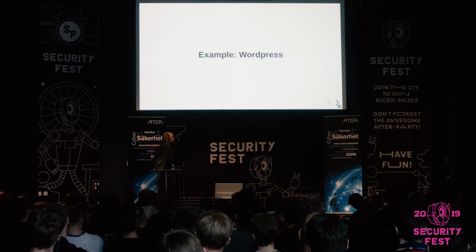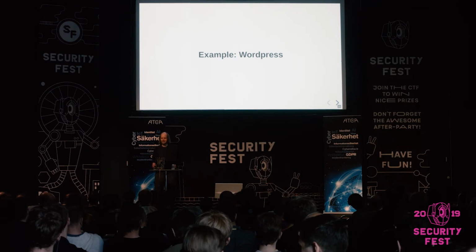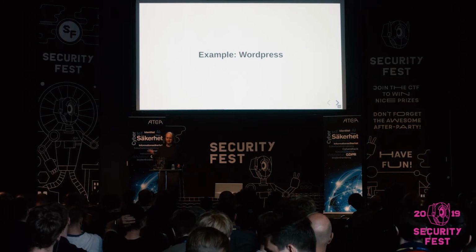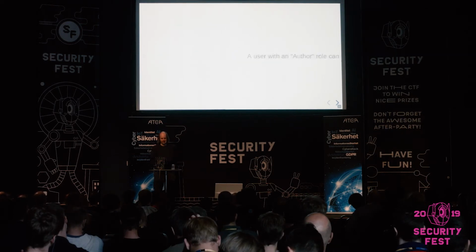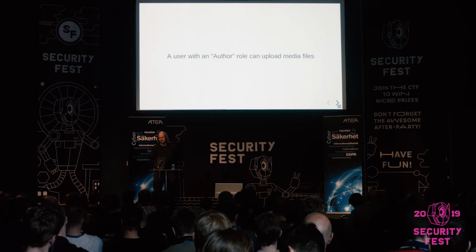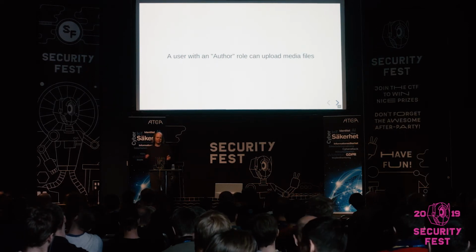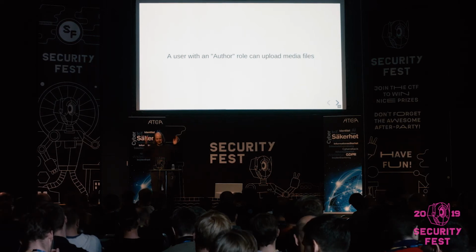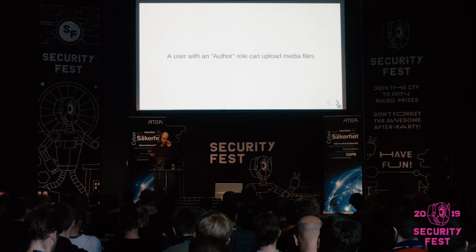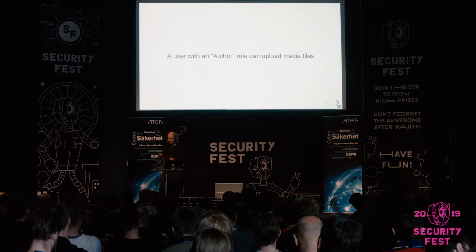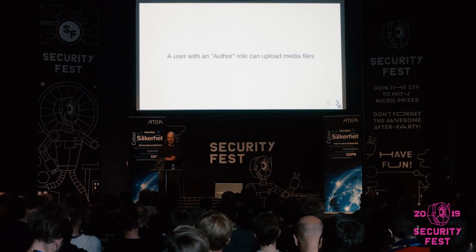Okay, and so that you believe me that I didn't just make that up and it never happens for real, here's an example, WordPress, the most famous content management system. If you have an author permission in WordPress, which kind of means you're allowed to write stuff on the web page, it shouldn't mean that you're allowed to execute JavaScript and steal the administrator's account. Then you can upload media files.